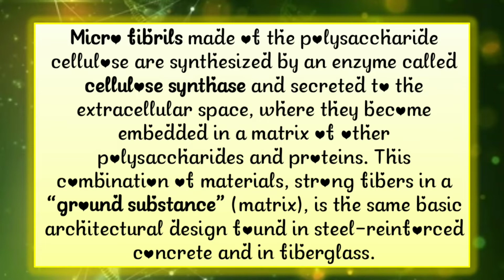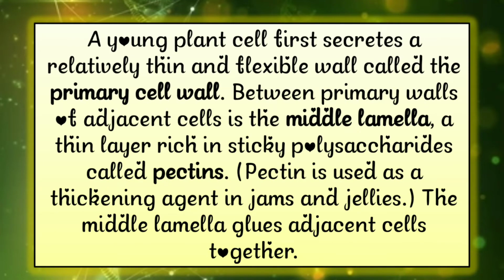This combination of materials, strong fibers in a ground substance or matrix, is the same basic architectural design found in steel-reinforced concrete and fiberglass. A young plant cell first secretes a relatively thin and flexible wall called the primary cell wall.